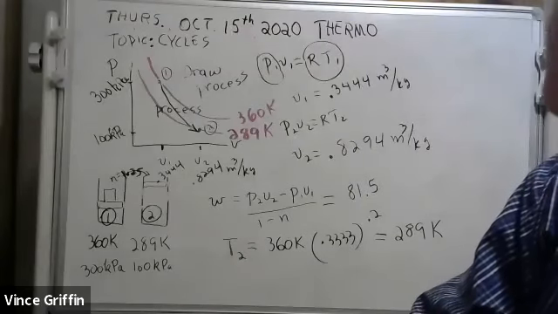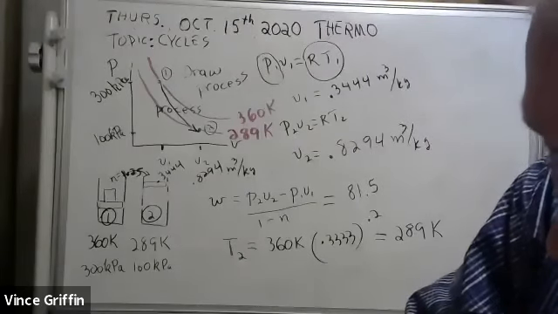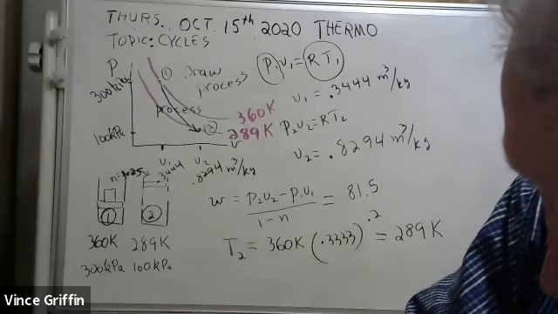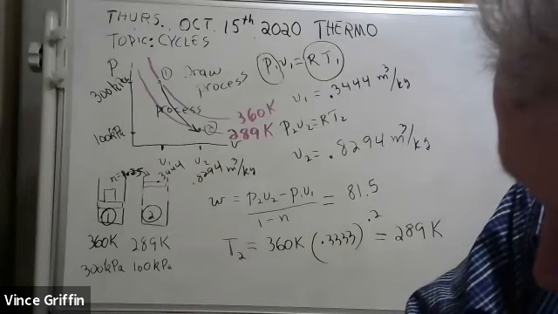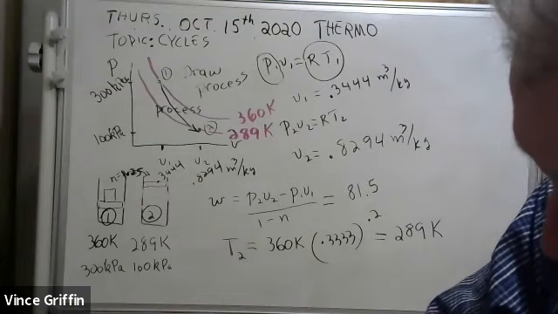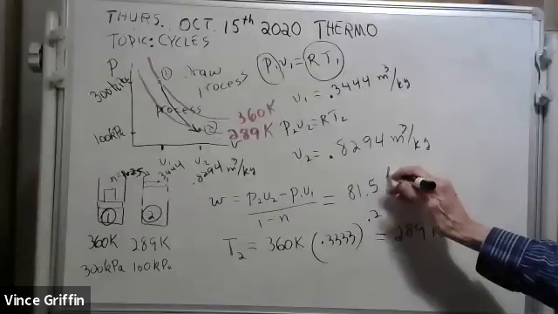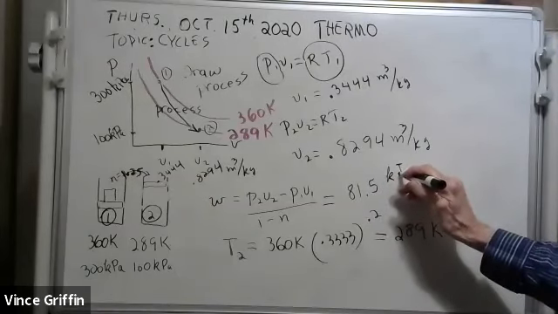I know that this is little w, so it's not the same as big W, but... No. See, if it was big W, it would be in kilojoules. But this is little w. So what would it be? Is it like kilojoules over like mass? Is that right? Yeah, okay. It's kilojoules divided by what?